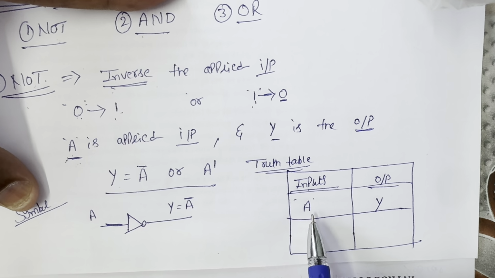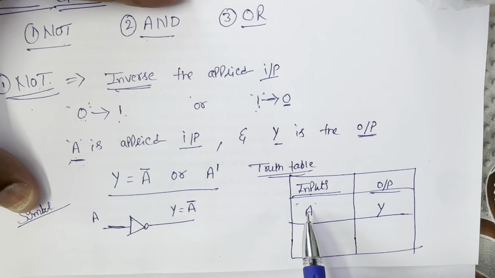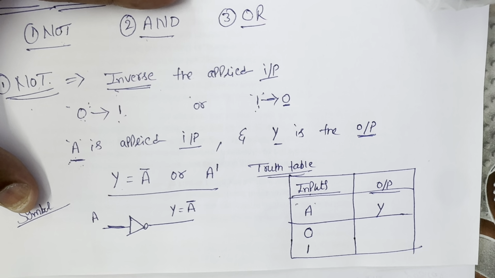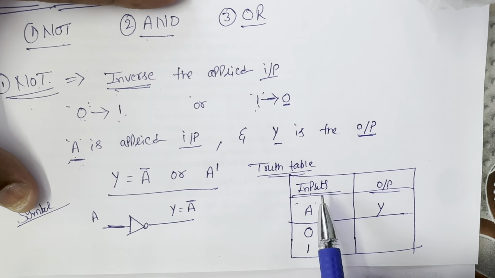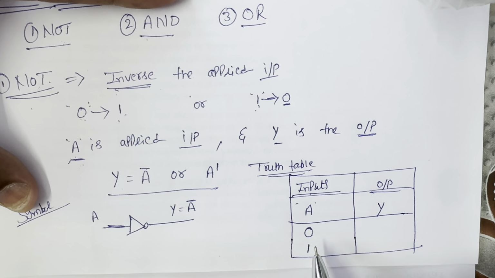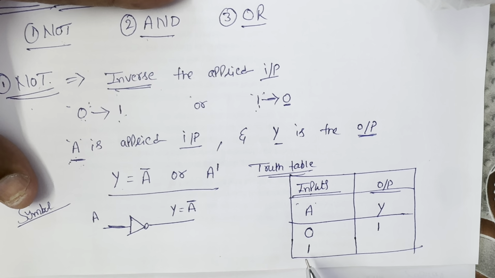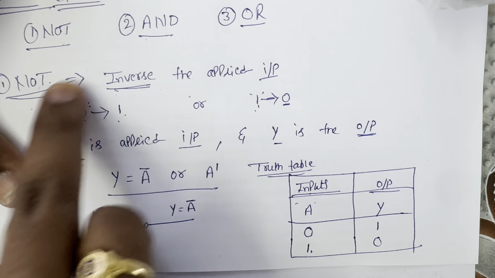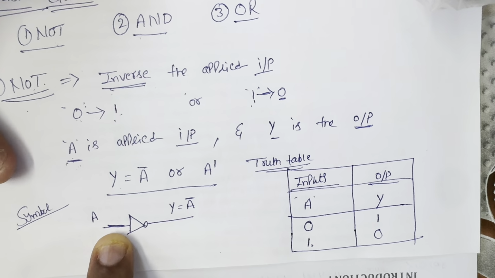For A, we have only two possibilities: either 0 or 1. When A equal to 0, the output will become 1. When A equal to 1, the output will become 0. Inverse. This is the functionality of the NOT gate.